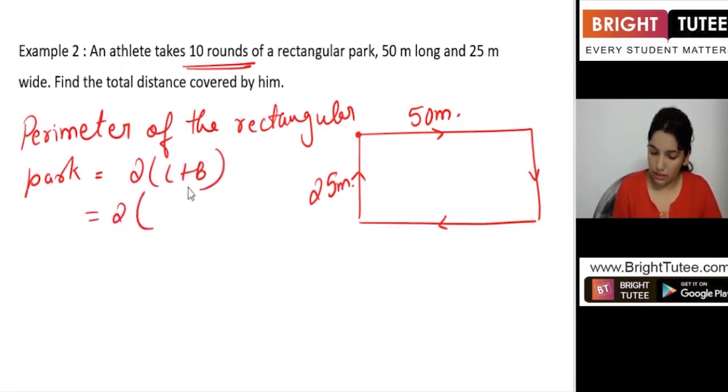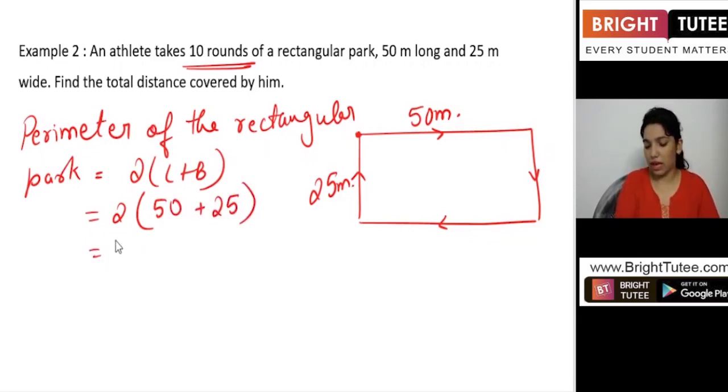So what is the length? Length is 50 meters and the breadth is 25 meters. So 25 and 50 add up to 75, and 75 times 2 is equal to 150. So 150 meters is the total perimeter of this particular rectangle.